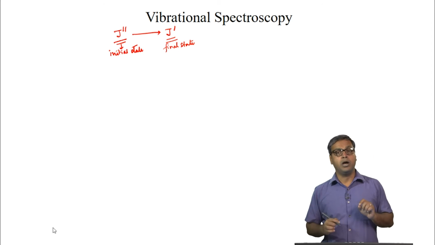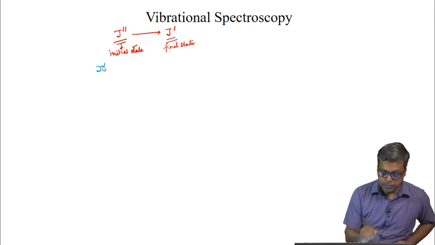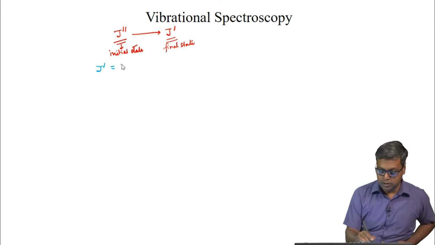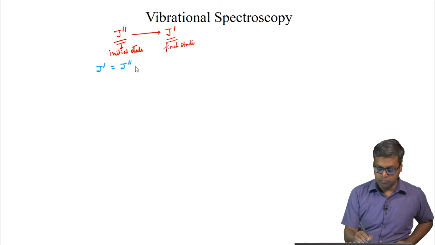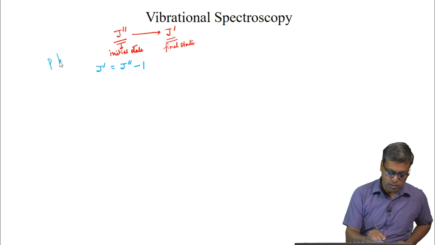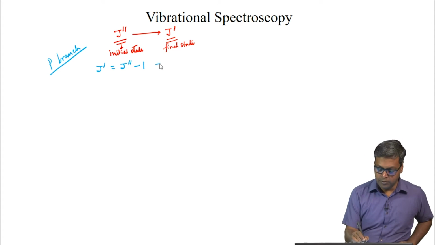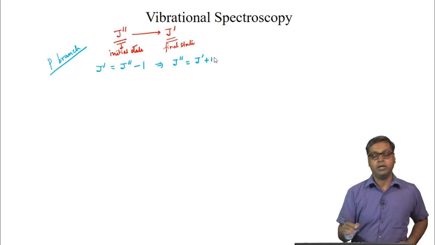So, for the P branch we can write J prime, that is the final state, equals J double prime, that is the initial state, minus 1. So, this is for the P branch, or from here we can write J double prime equals J prime plus 1.